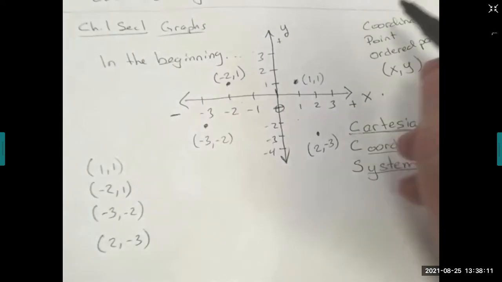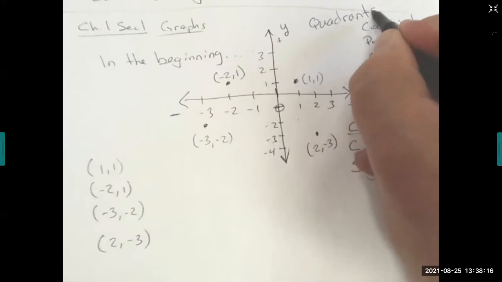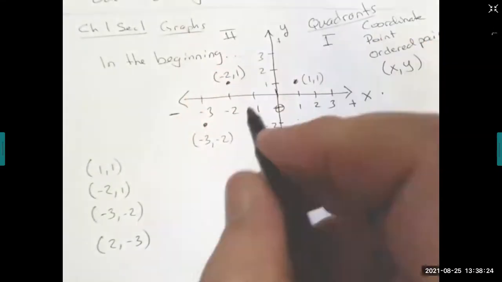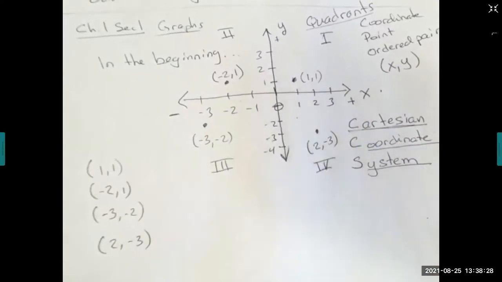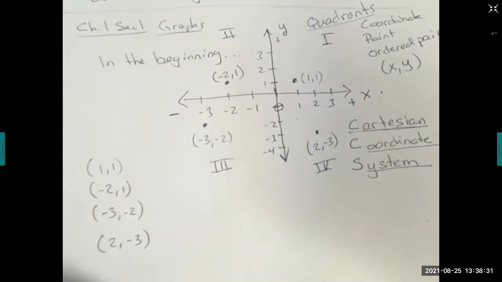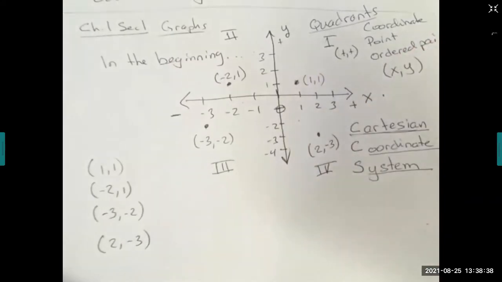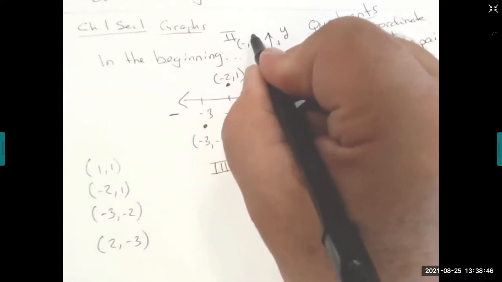They have names. These are called quadrants. This is the first quadrant. This is the second quadrant, third quadrant, and fourth quadrant. In the first quadrant, both signs are positive. In the second quadrant, negative, positive.